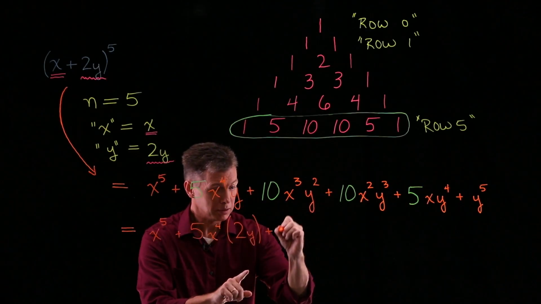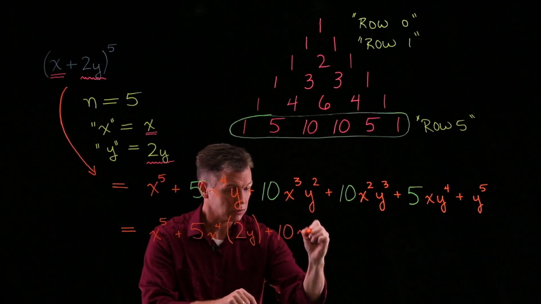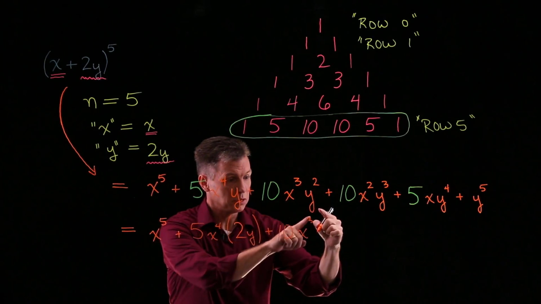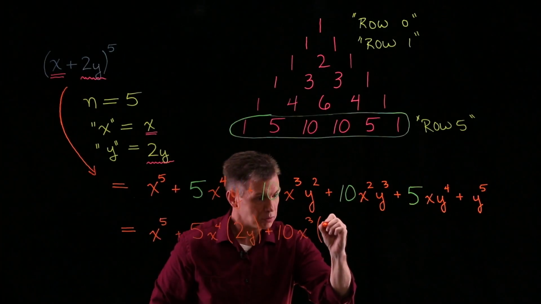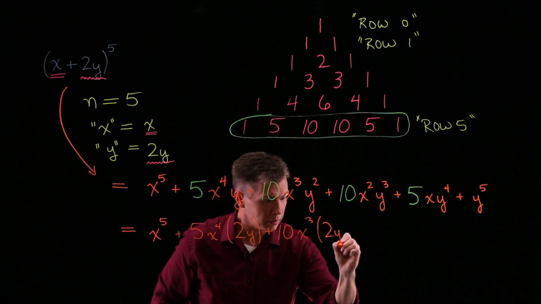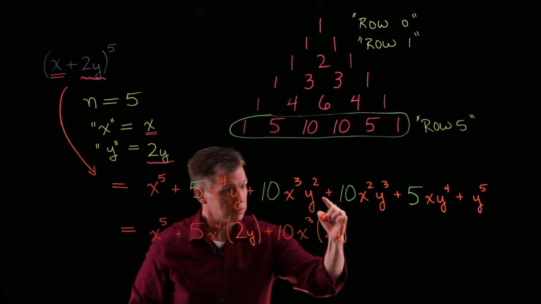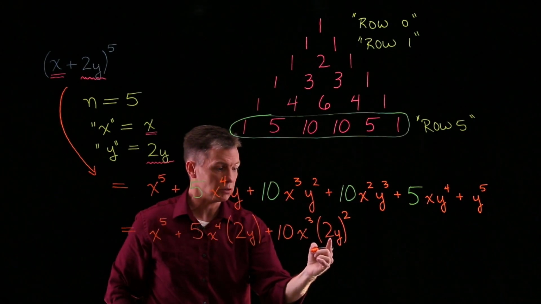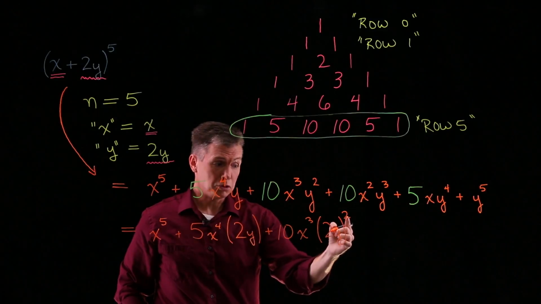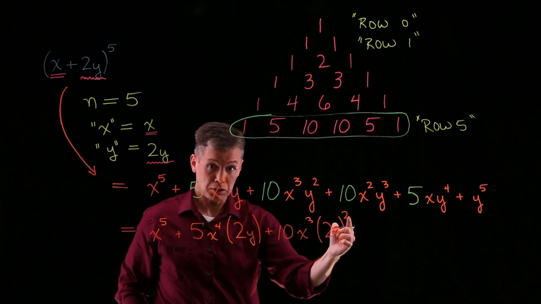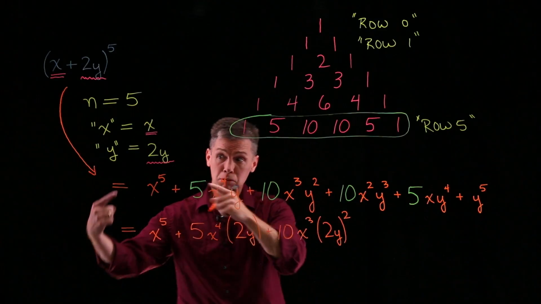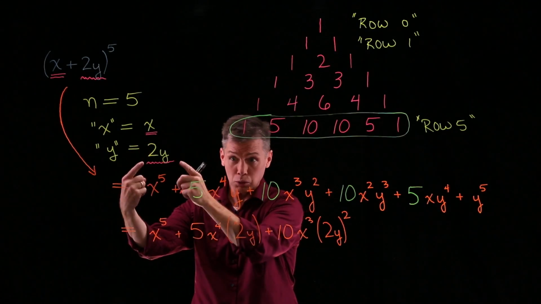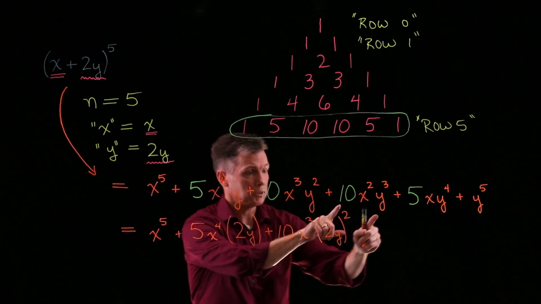Where am I here? 10x cubed. But this y, I'm going to put parentheses 2y, because that's raised to the 2 power. And I want to make sure in my next step that I get this 2 raised to the 2 power as well as the y raised to the 2 power, plus whatever else would have been included in your quote unquote y. Okay, let's keep going.